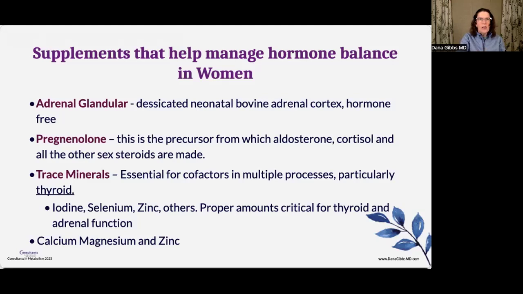And the first one is this adrenal glandular, and it is a hormone-free desiccated neonatal bovine adrenal cortex. And even the healthiest diet is frequently deficient in the cofactors that are in this supplement that allow our adrenals to run at the top of their condition. And this adrenal glandular is the number one nutrient that I recommend.